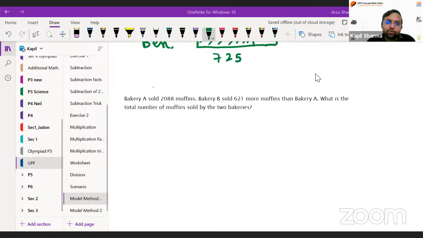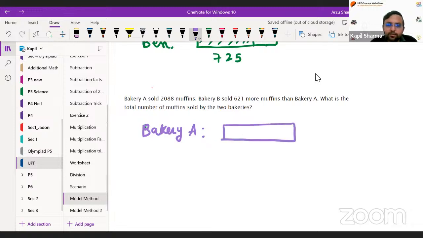So bakery A sold 2088 muffins. Bakery B sold 621 more muffins. What is the total number of muffins sold by the two bakeries? So here again, let's draw the models to represent the number of muffins sold by each bakery.